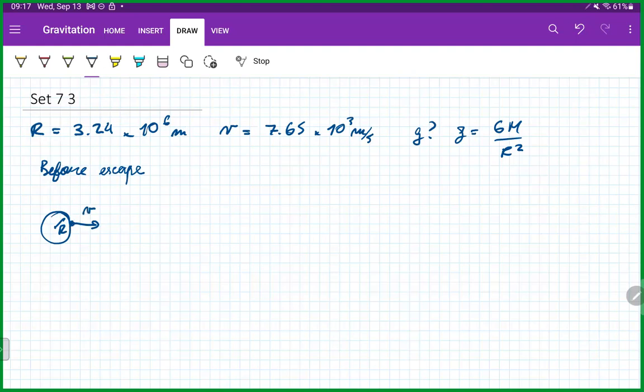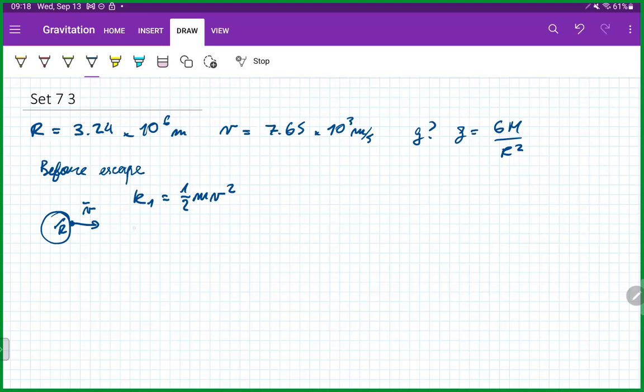It's not the velocity of the planet, it's just the velocity of the object on the surface. We have some kinetic energy, so K1 equals 1/2 mv squared, which is the initial velocity for the escape.